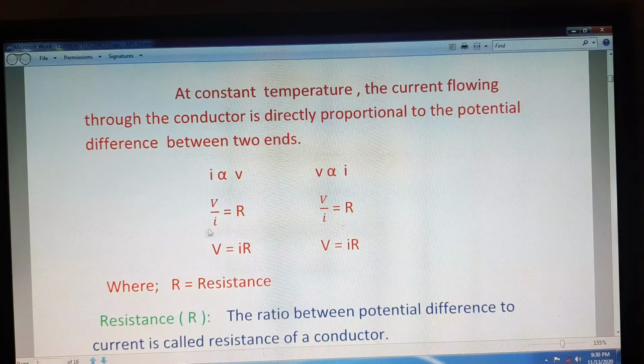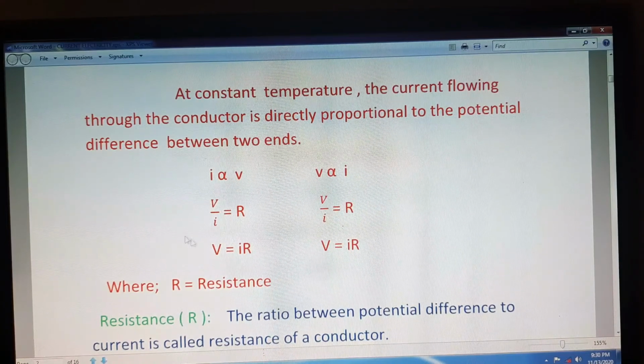So V is equal to IR. In the same manner, V proportional to I, eliminating the proportionality, V by I is equal to R, V is equal to IR. It is called the mathematical form of Ohm's law, where the proportionality constant is R.